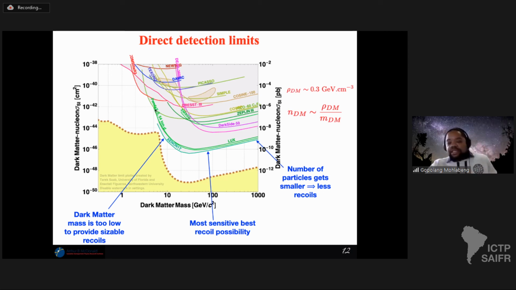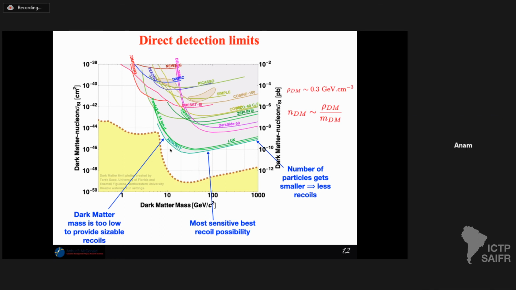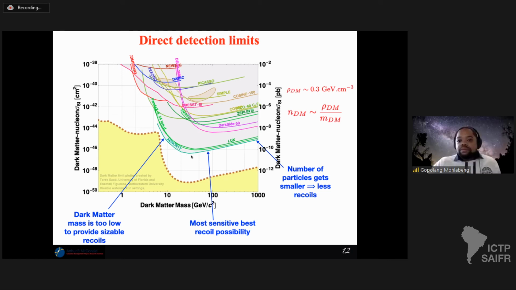So these experiments are not very sensitive to those, and thus we had to move to electron targets towards the low masses. Now, once we get to the higher masses, we get more and more sensitive because it's like hitting a billiard ball with a billiard ball, so I have proper sizable nuclear recoils. Now, once I start going to higher and higher masses, the kinematics don't matter as much, and my astrophysics starts kicking in.